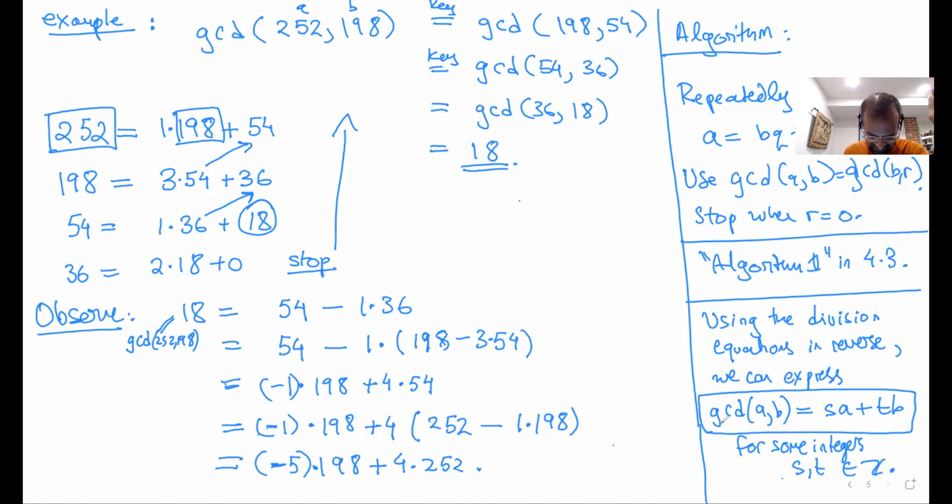So there are 2 points. The first point is that the algorithm terminates. That's just because the numbers get smaller. The second one is it gives you this expression of the GCD as a linear combination. So any questions about this example or these two claims that I'm making?